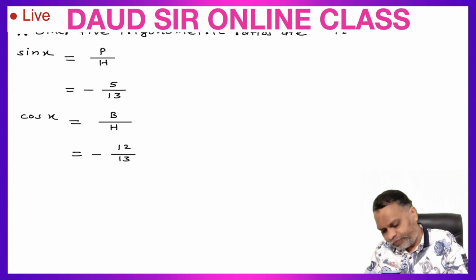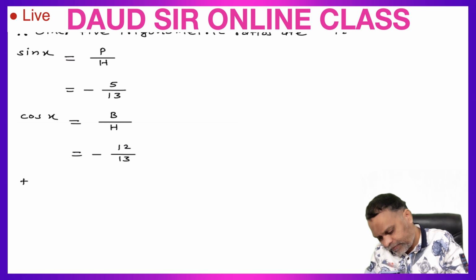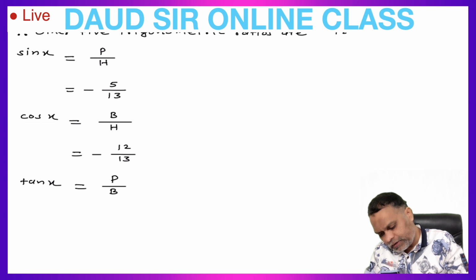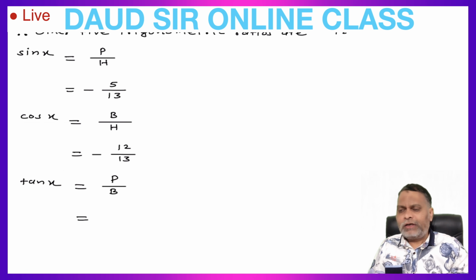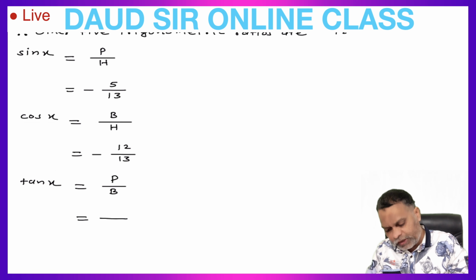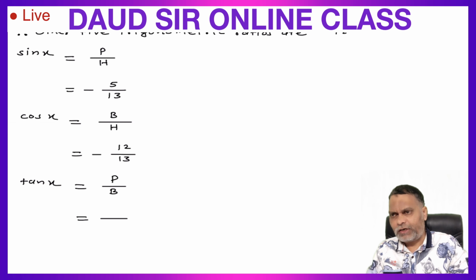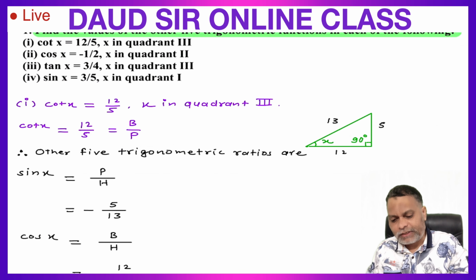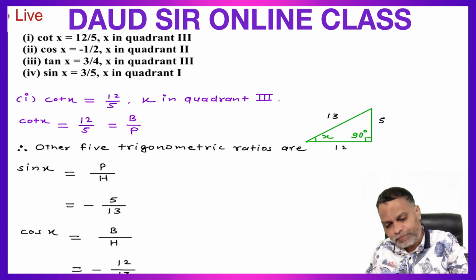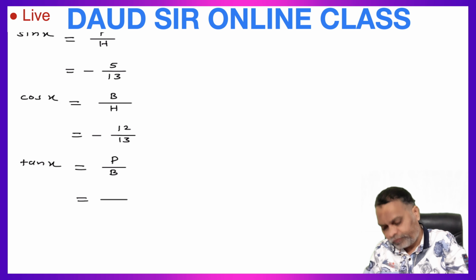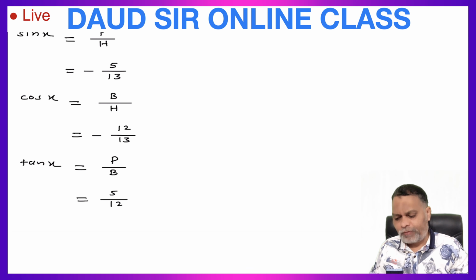Then tan x is equal to perpendicular upon base. Tan x is positive in the third quadrant, so plus sign, no need to put it, it is already plus. Perpendicular is 5 and base is 12. So tan x is equal to 5 upon 12.